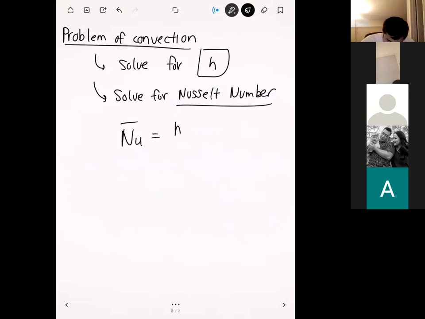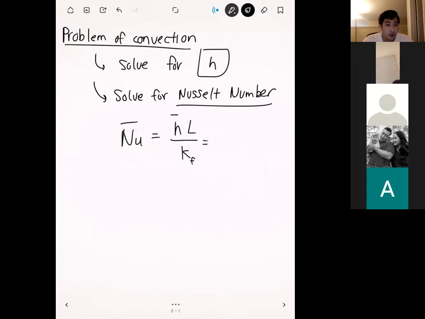This is going to be equal to h times L divided by k_f, where k_f, remember, is the thermal conductivity of the fluid, L is whatever the length is in our problem, and h, of course, is what we're solving for.